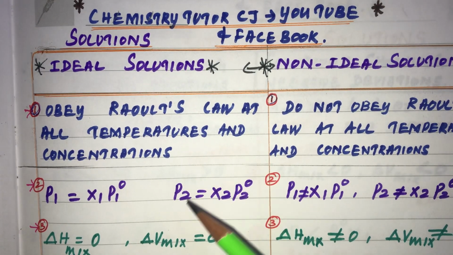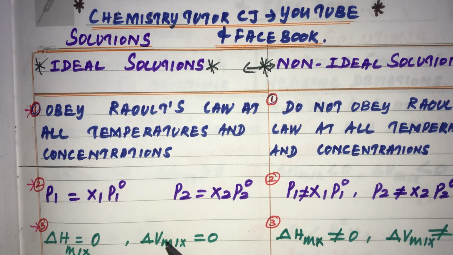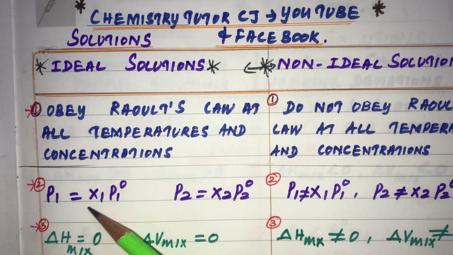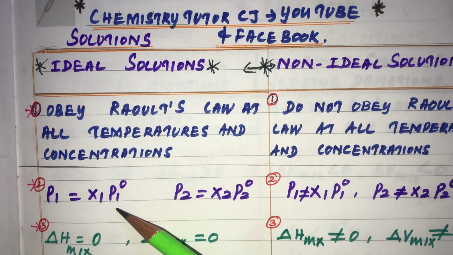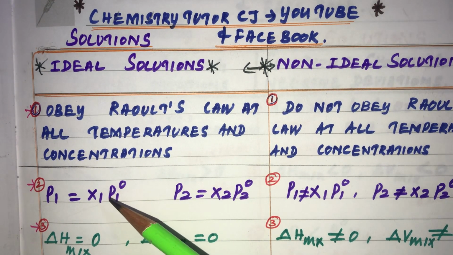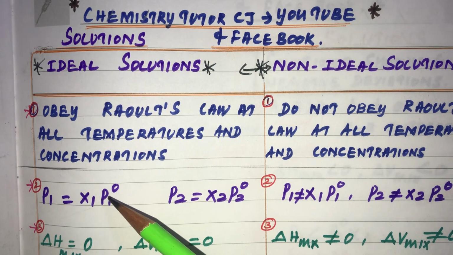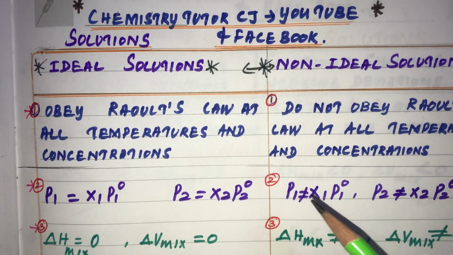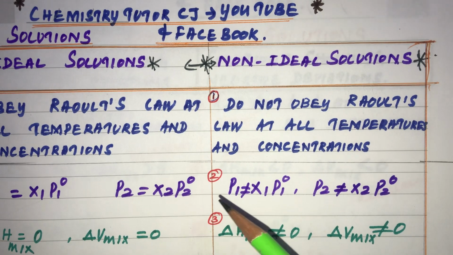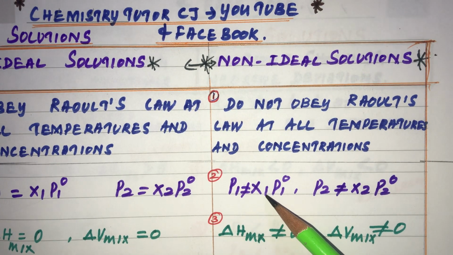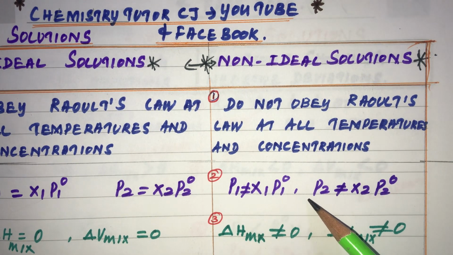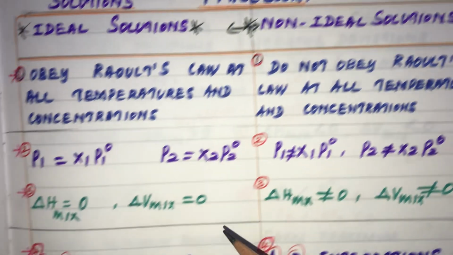In the case of an ideal solution, the vapor pressure of the solution is equal to the mole fraction times the vapor pressure of the pure component present in it. In the case of a non-ideal solution, the vapor pressure of the solution is not equal to the mole fraction times the vapor pressure of the pure component present in the solution.